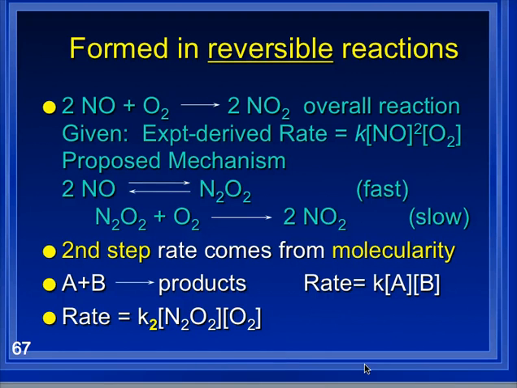So, since the second step is the rate determining step, first of all, we can say that the molecularity is 2 because it takes 2 molecules coming together to produce the products. We can write the rate law for the slowest step, but notice that the rate law includes the reactant N2O2, which is not part of the overall equation. It is then called an intermediate.